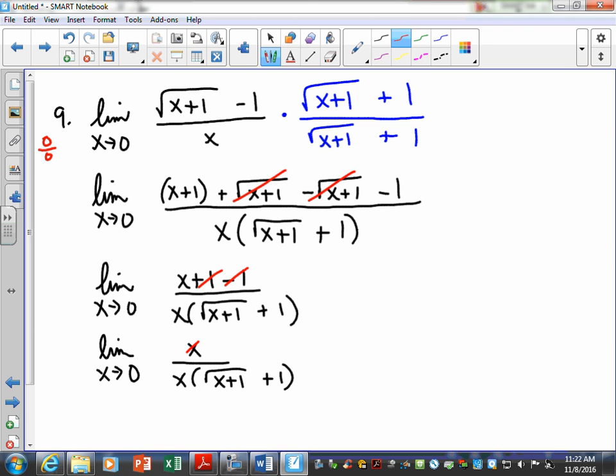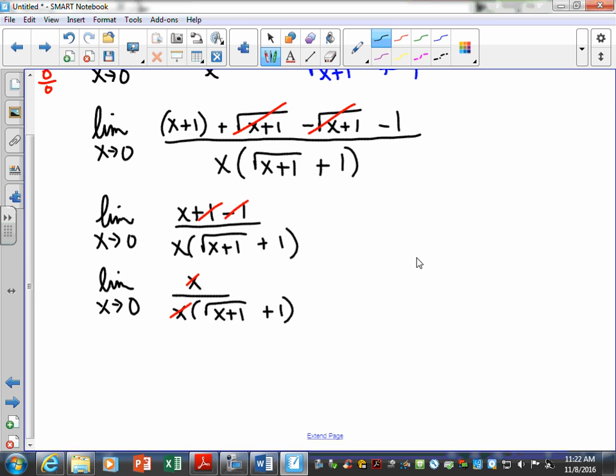So I'm pretty much just doing one at a time, and if you'll let me, I'll have more room there. So the limit as x approaches 0. Now what do I have in my numerator? 1 is a placeholder, and then I'm just going to have the square root of x plus 1 plus 1.